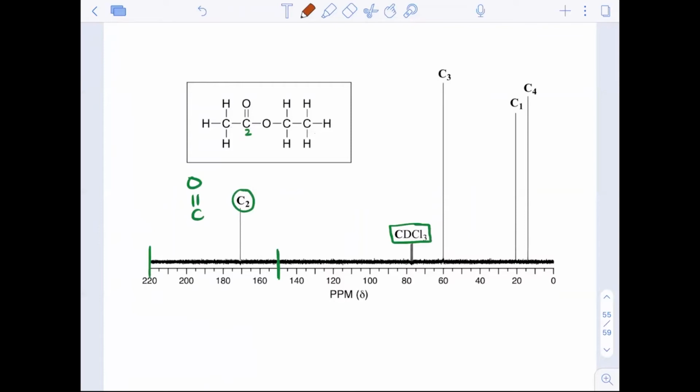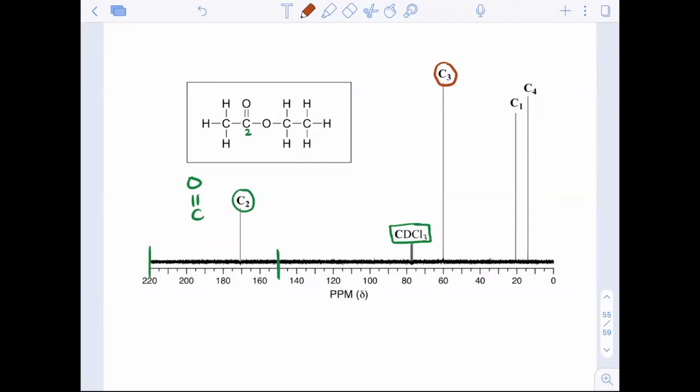Coming up here, this range, if we want to look at which carbon is C3 up here. Remember, shielding and de-shielding, just like in proton NMR. We don't have to do any math here, but we do know the further downfield, the further to the left, the closer you are to an electronegative atom.